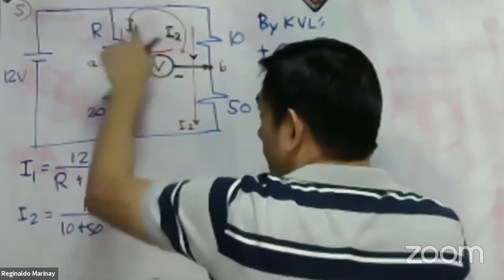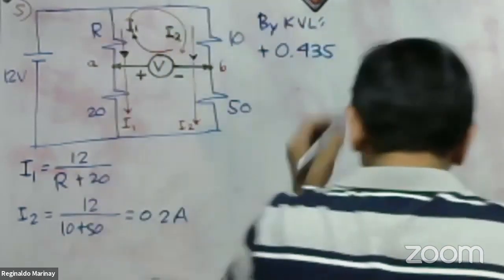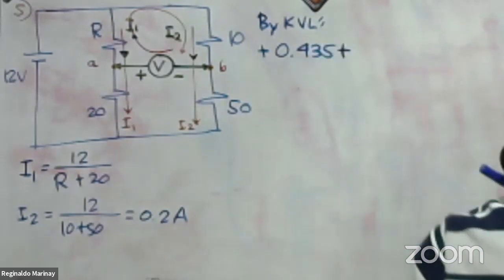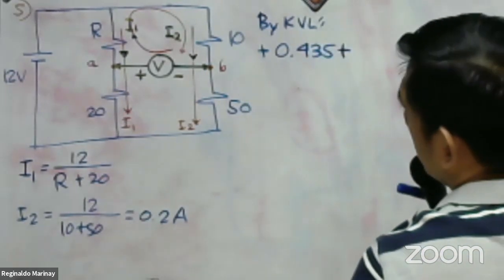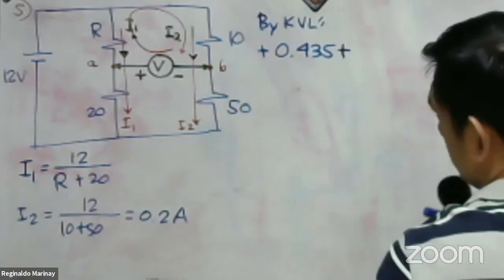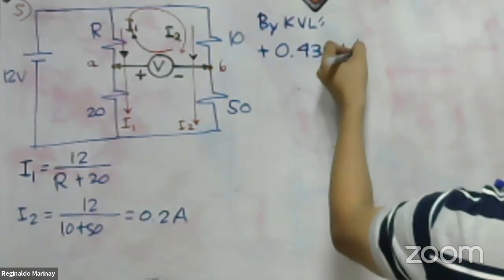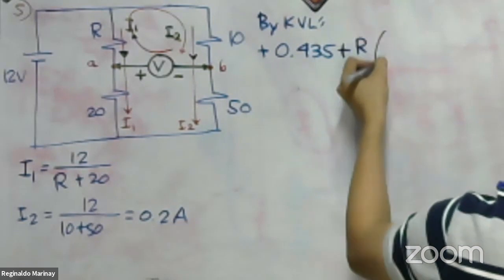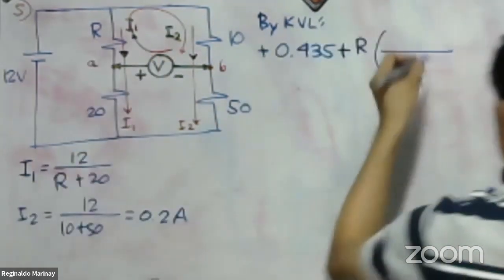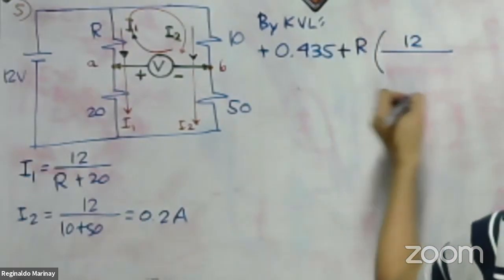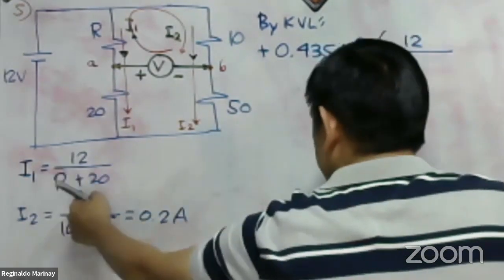So this is downward, upward, two directions. Okay? So we have I1 on R. So I'll put first our R and then our I1. What is our I1? 12 over R plus 20.